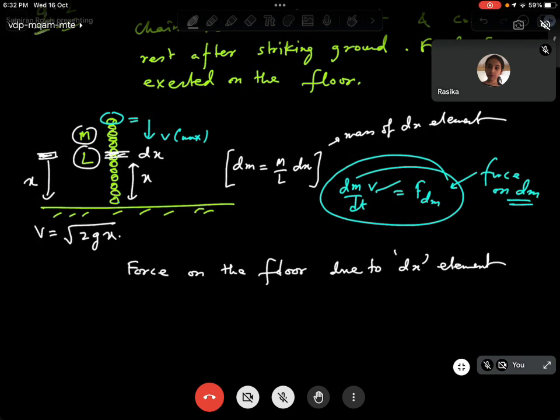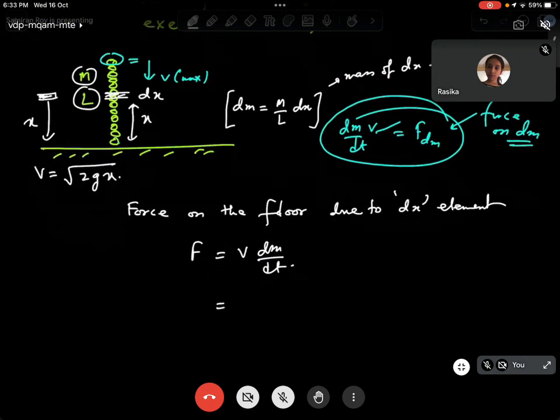So F will be v into dm by dt. What is v? v is root of 2gx into dm by dt. dm by dt is m by L dx by dt.